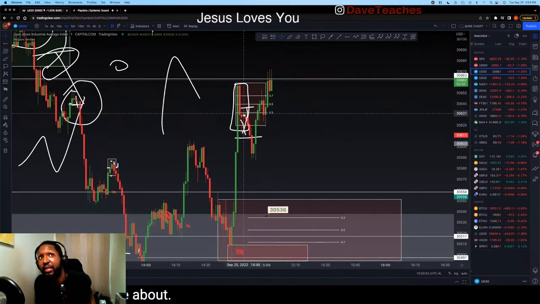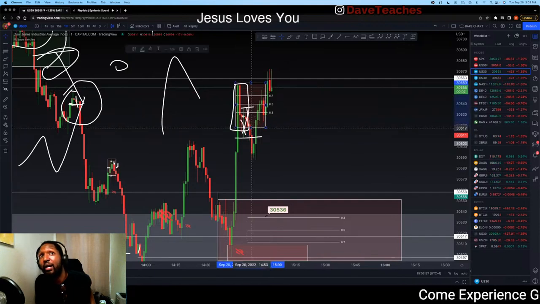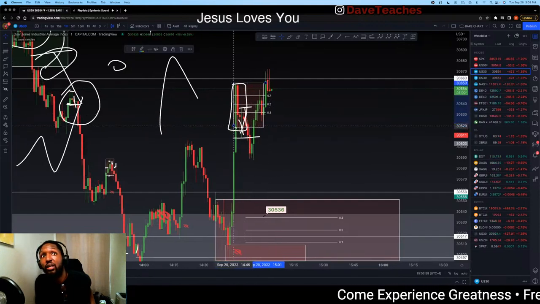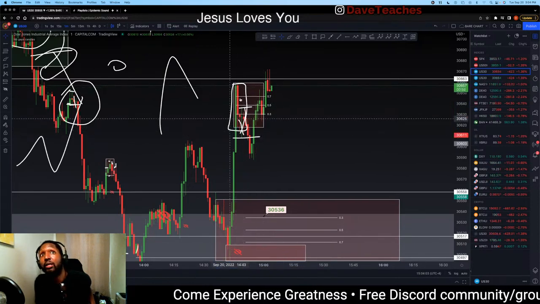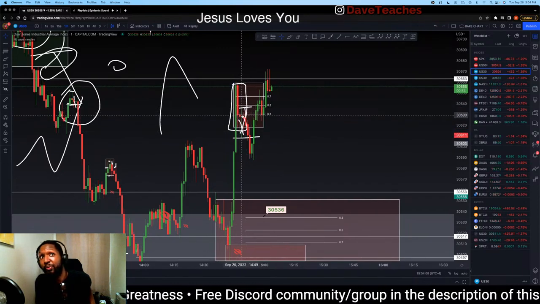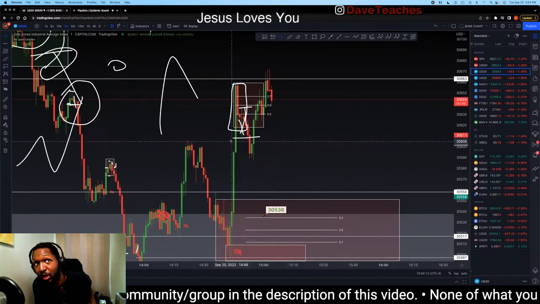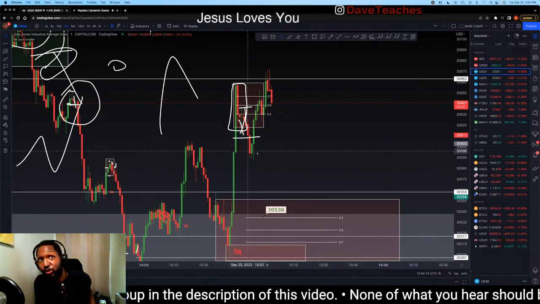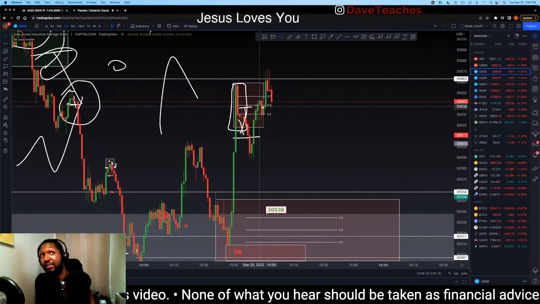Here's our 30% area, our institutional area. Within our institutional area, we got a pullback to the 30%, and then what? We shorted. We ran this low, took out this low. We tapped into this imbalance, and then you saw a push up back into this area.